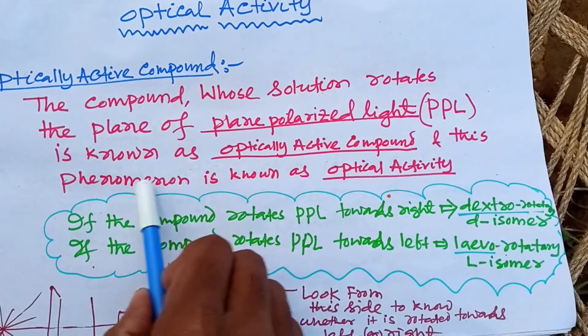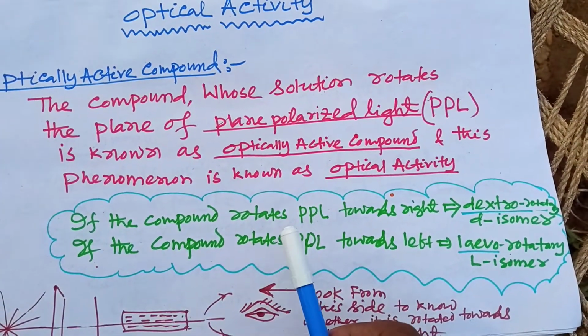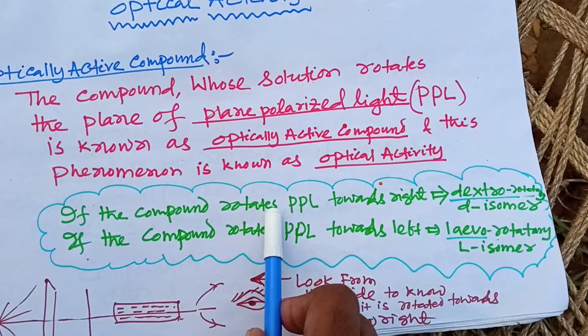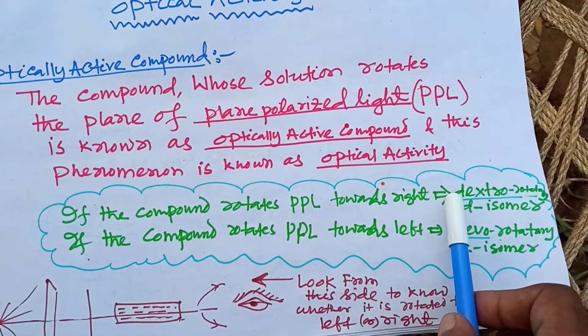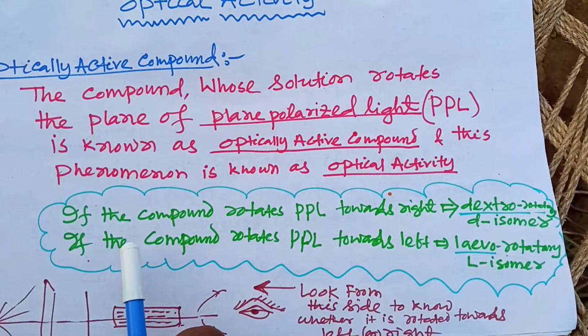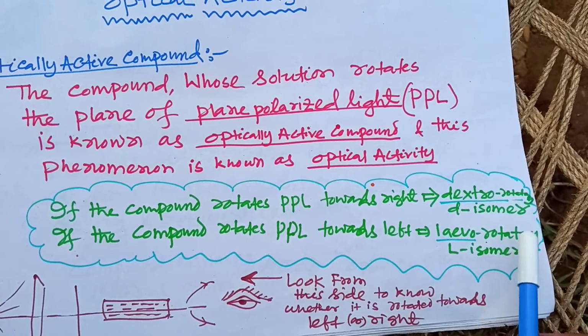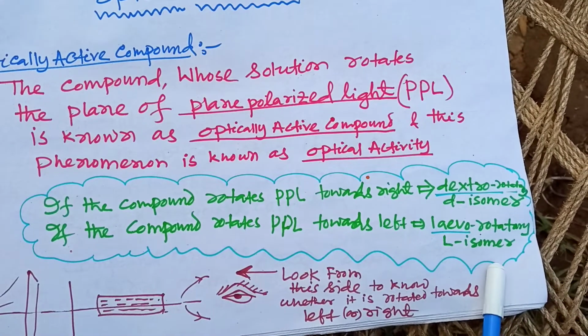This phenomenon is known as optical activity. If the compound rotates the PPL towards the right, it is known as dextrorotatory or D isomer. If it rotates the PPL towards the left, it is levorotatory or L isomer.